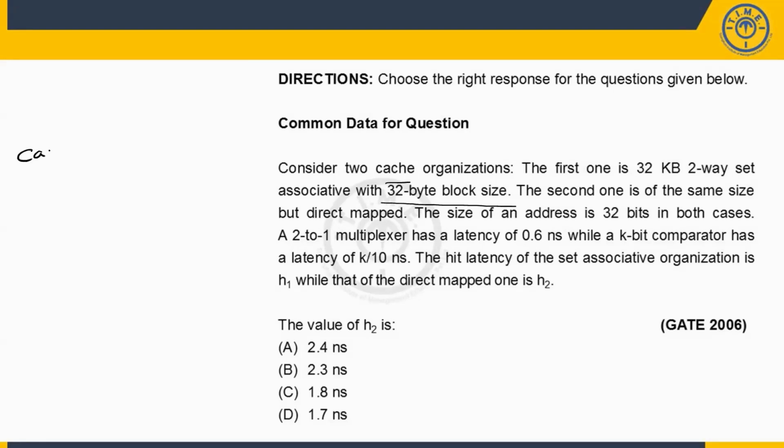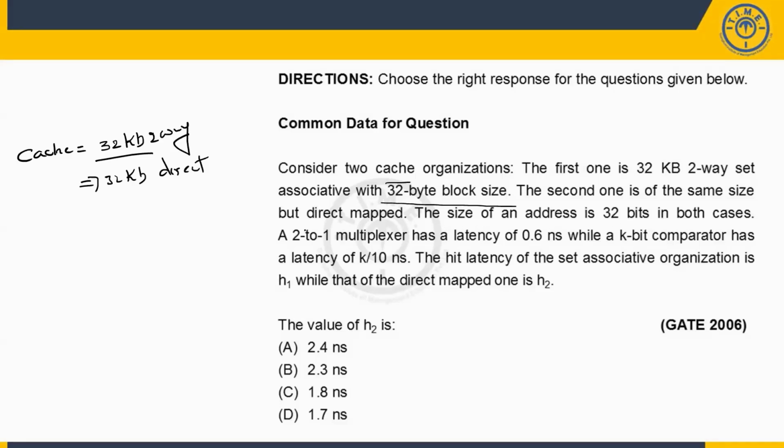The cache size is 32 KB, and there are two cache organizations. The first one is 32 KB two-way set associative. The second one is also 32 KB, but direct mapped.